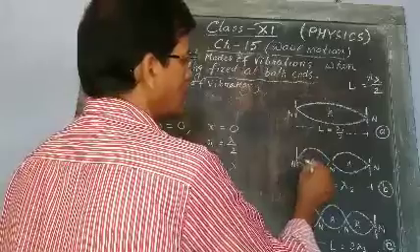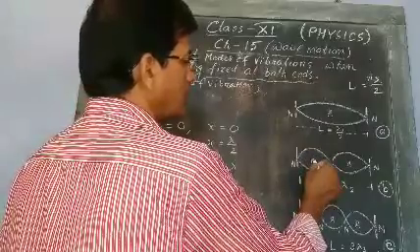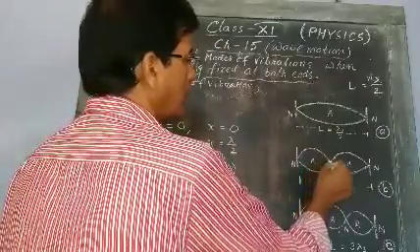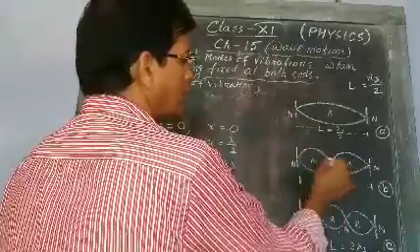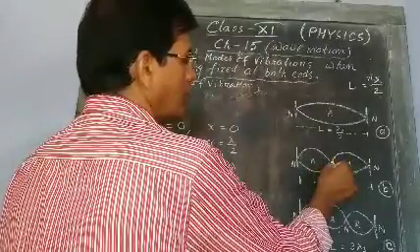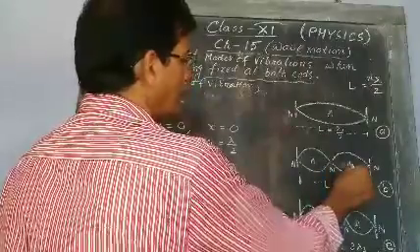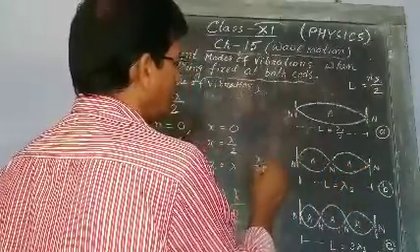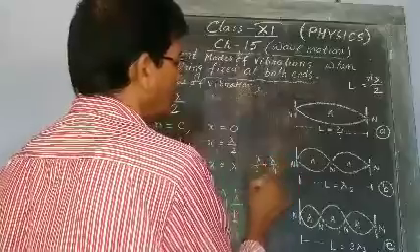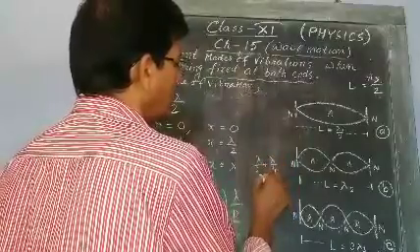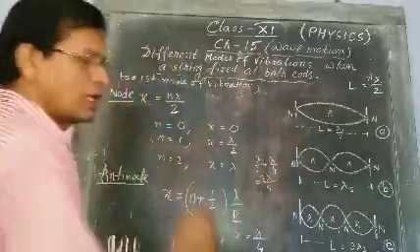This is lambda by 2, this is lambda by 4. Lambda by 2 plus lambda by 4, what we are getting? 3 lambda by 4.